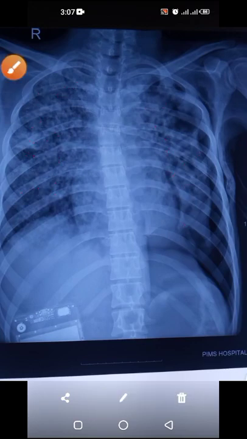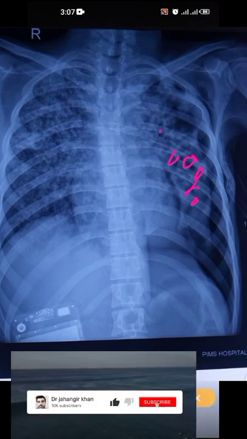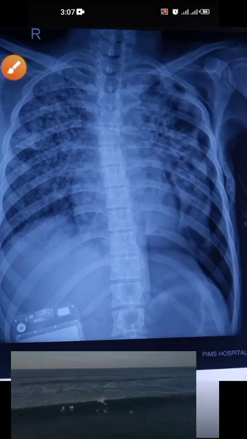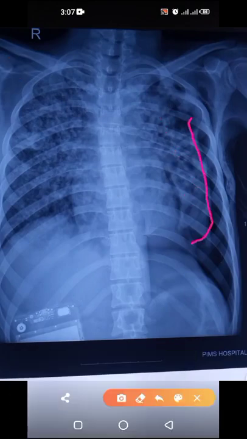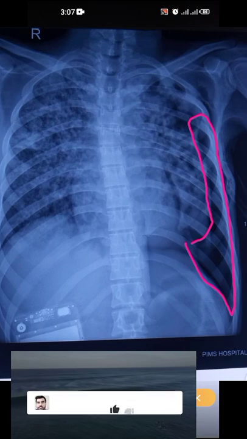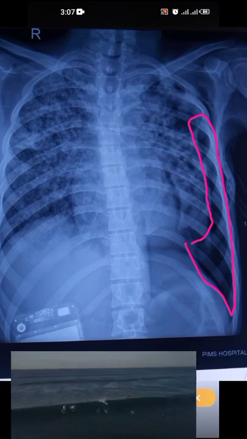There are some cavities as well over here. Can you appreciate these cavities? And there is a rim of hyperlucent area in the periphery of the middle and lower zone with no vascular marking.